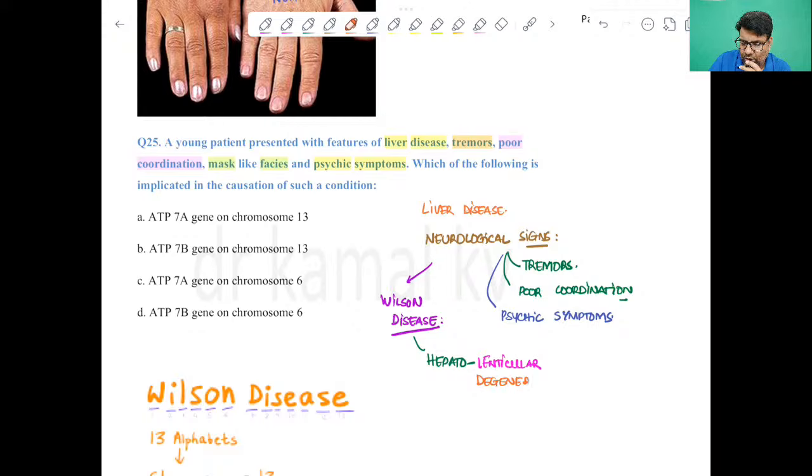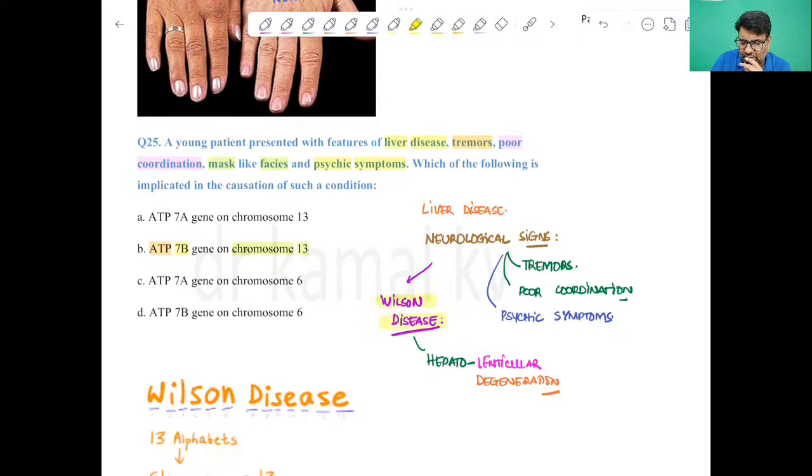So now what is the defective gene, and what is the location of the defective gene in the chromosome? Which chromosome? So for Wilson disease, first of all, you should remember this is chromosome 13 and the gene is ATP7B. So this is the ATP7B gene on chromosome 13, for Wilson disease, right?